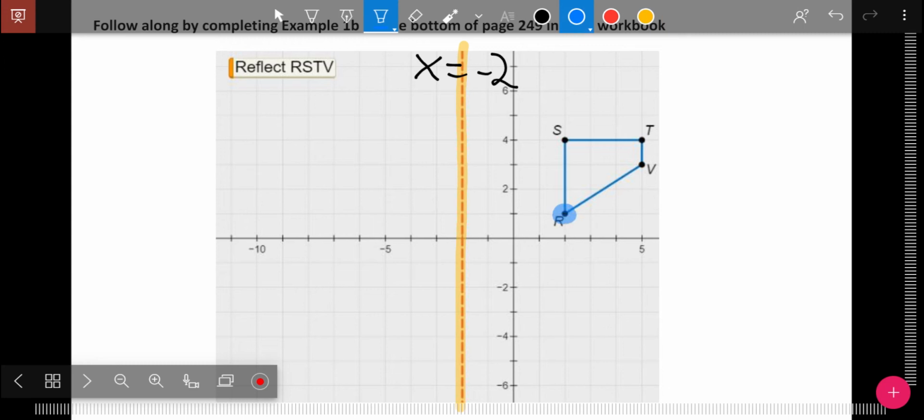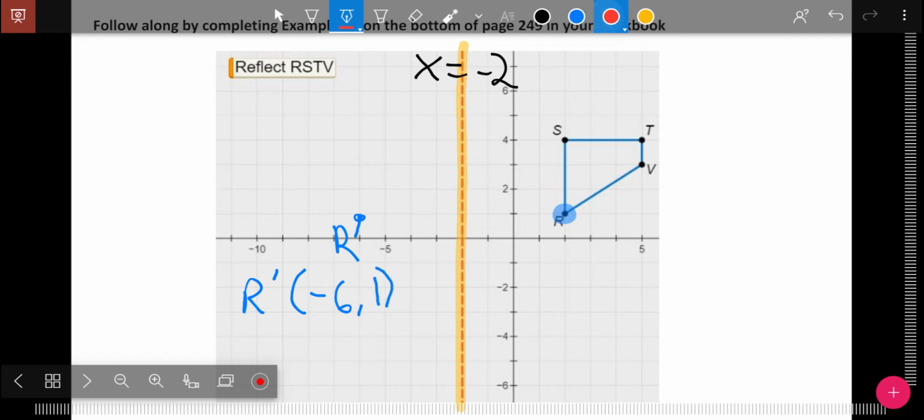R is 1, 2, 3, 4 to the right of the line, so I go 1, 2, 3, 4 to the left. I'm out here at -6 now, and it's still 1 high. So that's my new R, and R image is -6, 1.